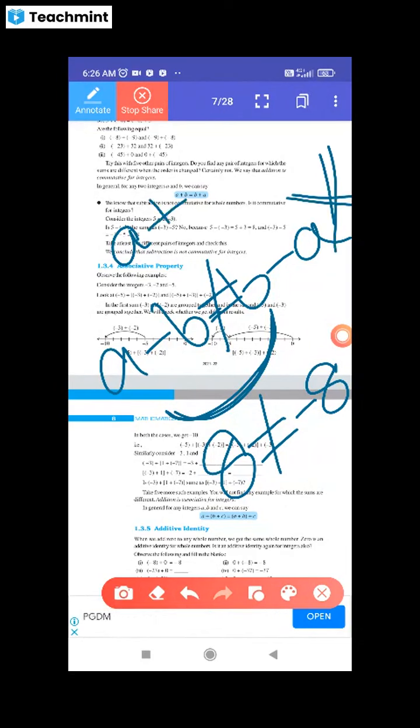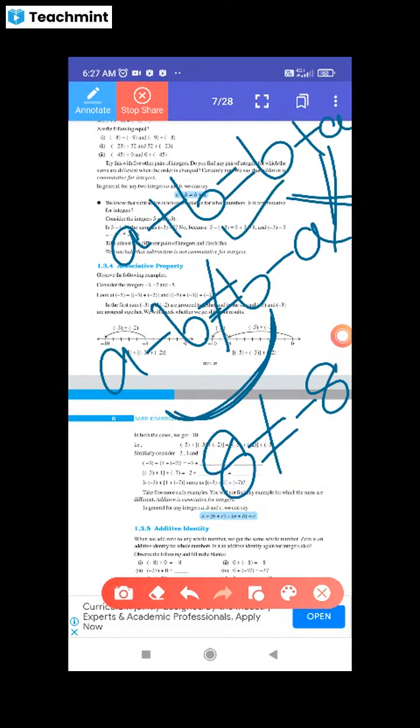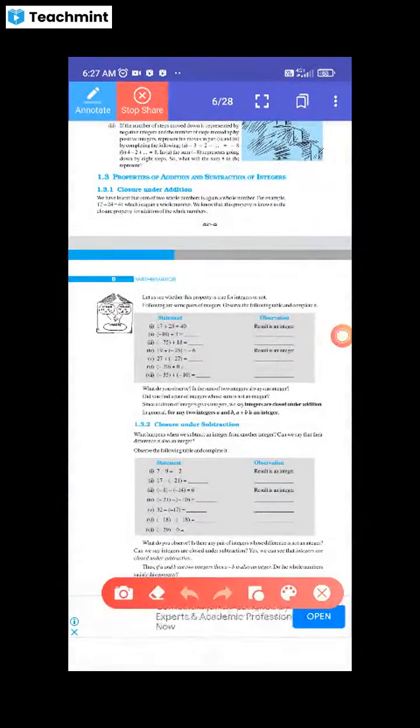But you must remember commutative property under addition, that is a plus b is equal to b plus a. This one is possible. Is it clear? Yes, ma'am. You just note down this property. Take this one as a headline: closure property under addition.